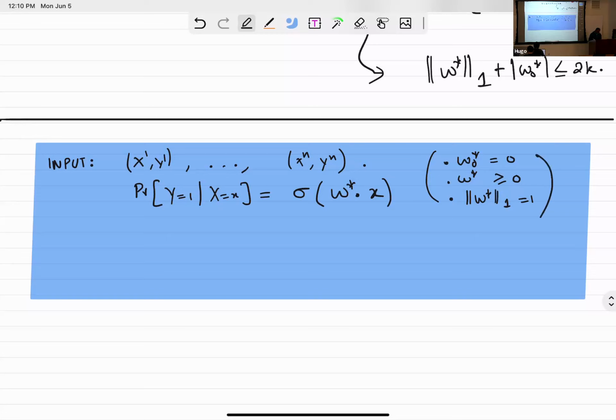Okay. And our goal is to find a U such that the expected squared loss in the conditional mean function, that is in the probability value, is small.